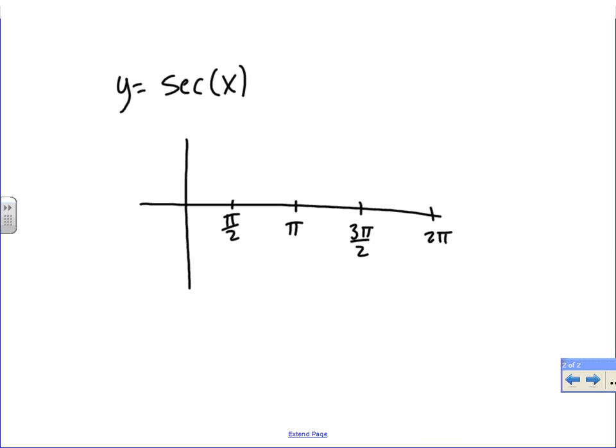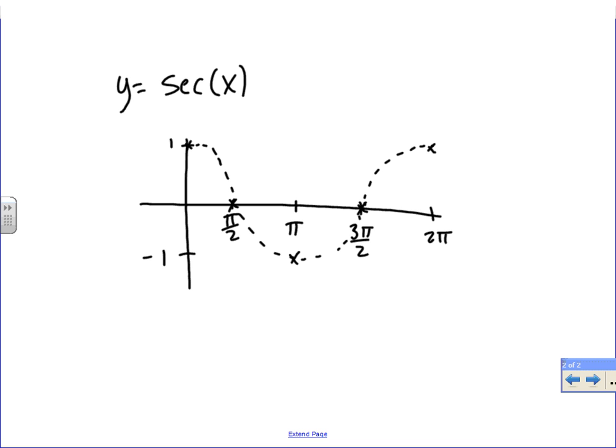Cosine bounces back and forth between 1 and -1. Cosine starts at 1 and then goes down, then back up to 1. So we'll dot this in. There's our cosine curve.